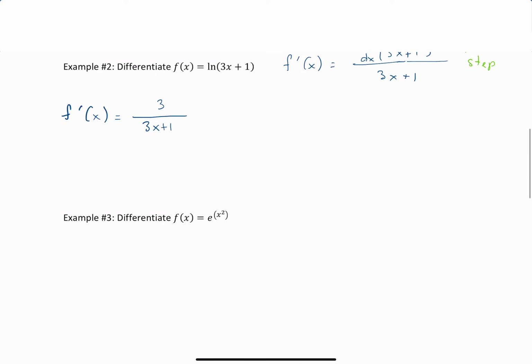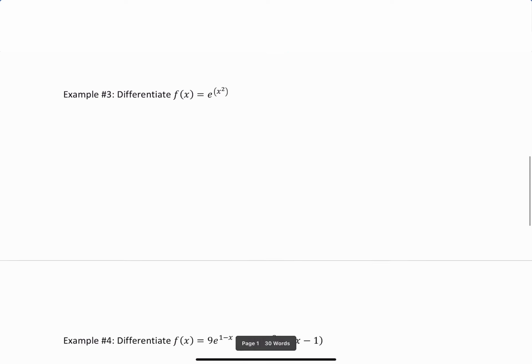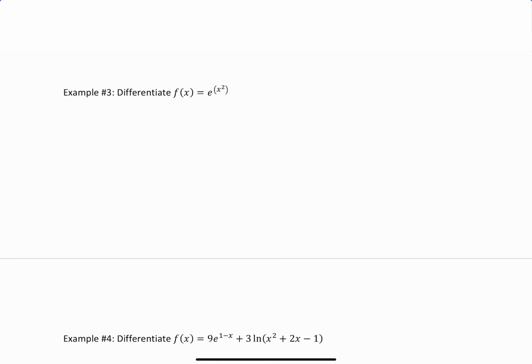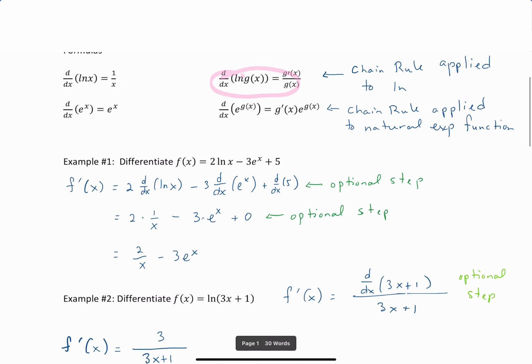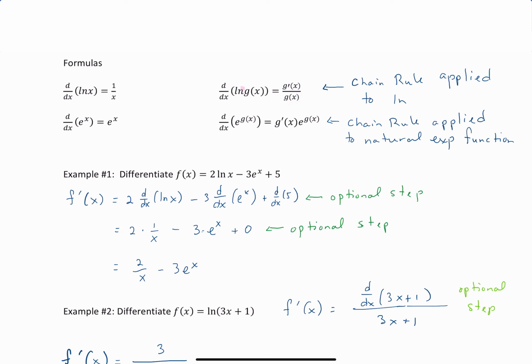Let's try another one. This time, let's try differentiating an exponential function where the input, in other words, the exponent, is not just a plain old x. So for that, we're going to need the chain rule as applied to the exponential function. Again, the way I know I need that is that the exponent is not just a plain x. So let's try that.